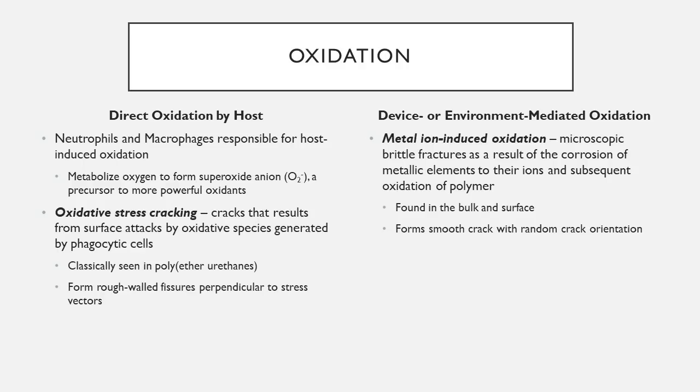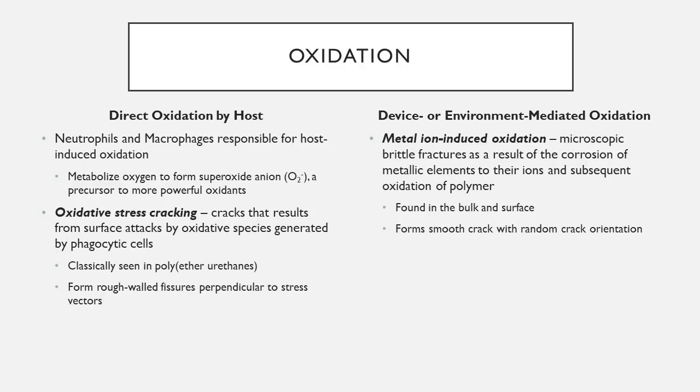They tend to form another type of cracking that, in contrast to oxidative stress cracking, has no orientation of its crack propagation. While oxidative stress cracking is normal to the particular stress vectors, in metal ion-induced ones it's in a randomized pattern. And in contrast to the rough-walled fissures, metal ion-induced oxidation has very clean-looking cracks and propagations.